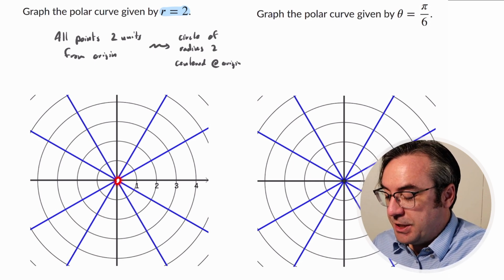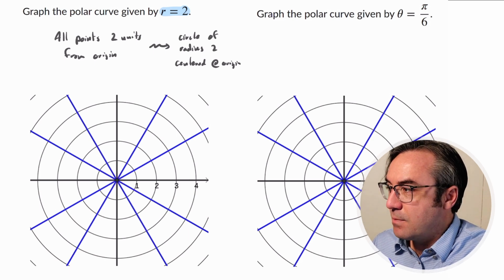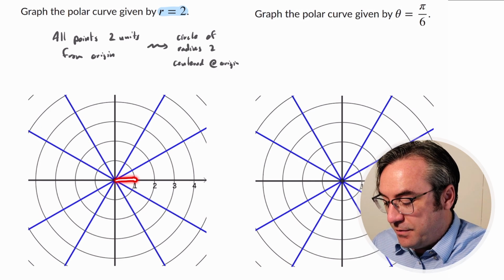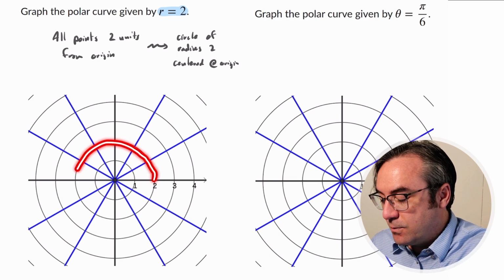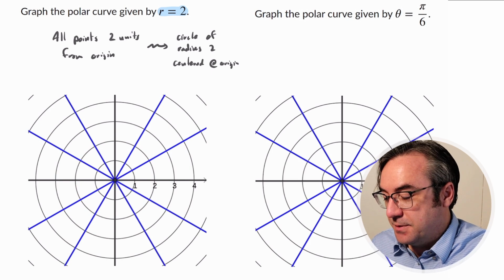So we know where our origin is. There it is. And we want to go 2 units away. So we count 1 unit away from the origin, 2 units away from the origin, and we're going to be considering all of those points that sit on that circle.